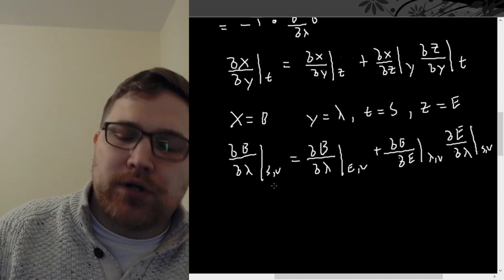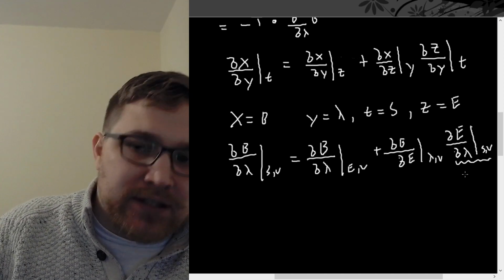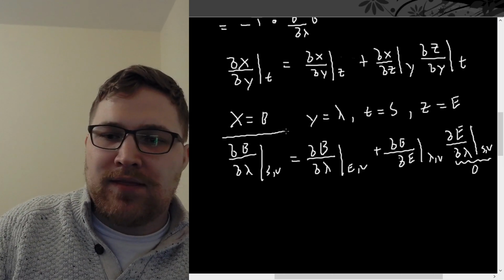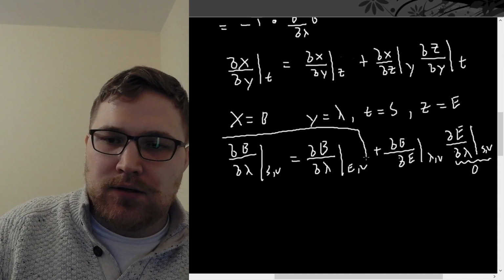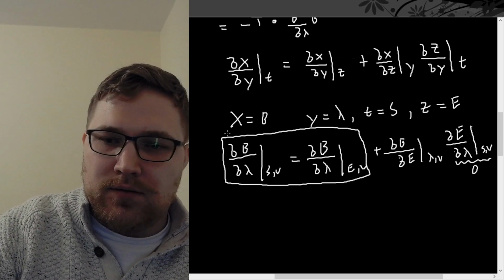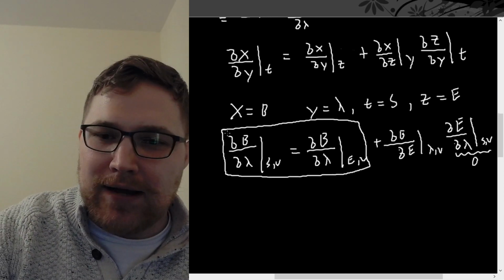Now, at equilibrium, the place that we're interested in, we know that this is at an extremum, so this is 0. So in particular, we get this identity, which is exactly what we wanted. It tells us that we can do exactly what we probably wanted to do at the very beginning.